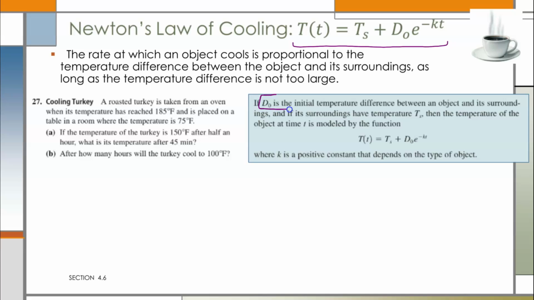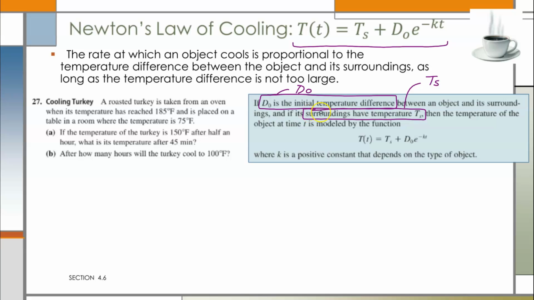D sub 0 is the initial temperature difference between an object and its surrounding. Ts is the surrounding temperature. So here we have D sub 0, here we have Ts, two of the variables from the formula.